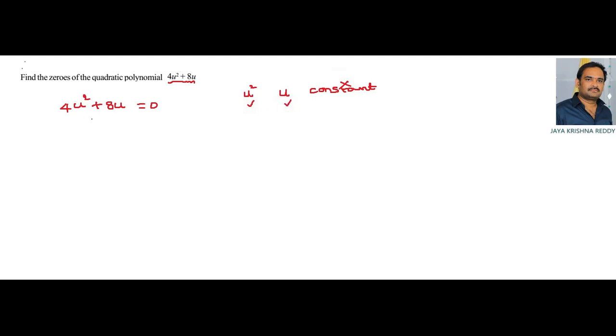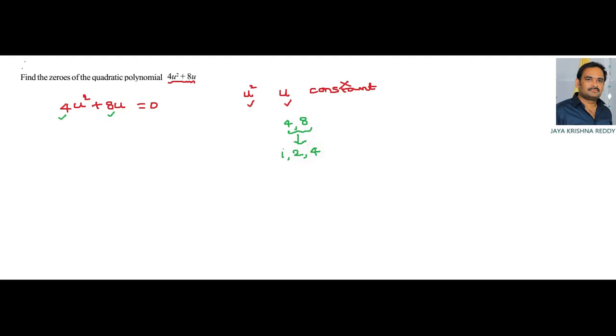Okay. So to find the zeros for this type of quadratic polynomial, first you have to take common from these two terms. In the first term 4 is the coefficient, and for the second term 8 is the coefficient. For 4 and 8, the common factors are 1, 2 and 4.